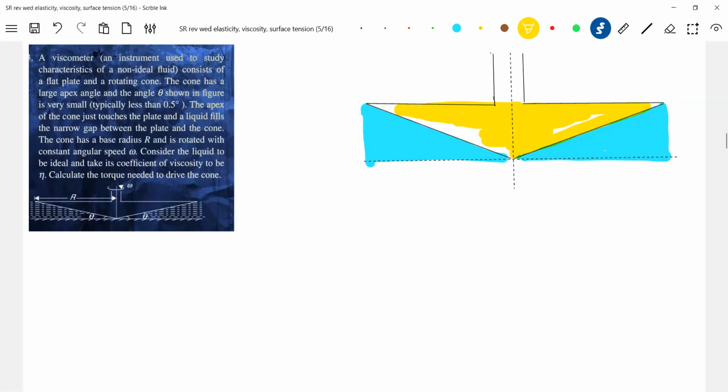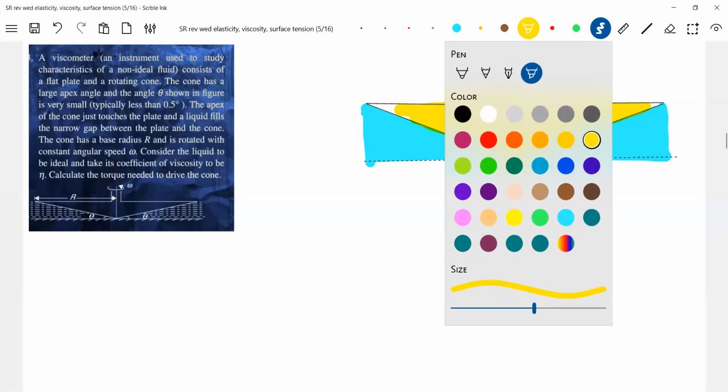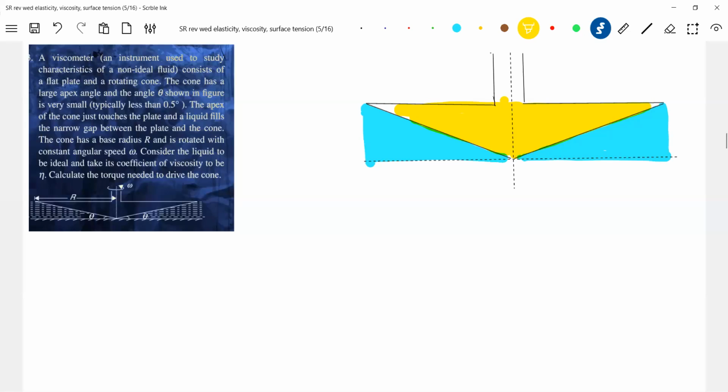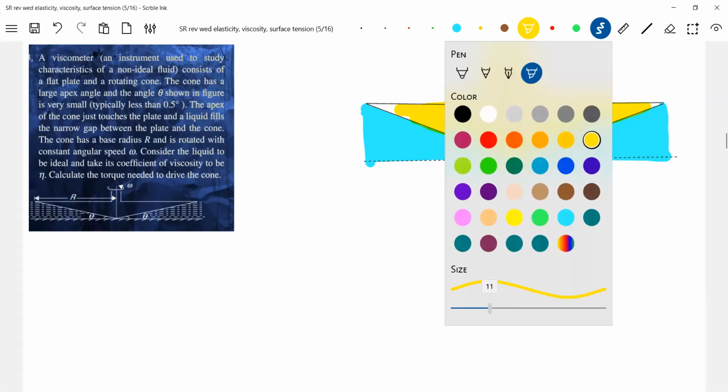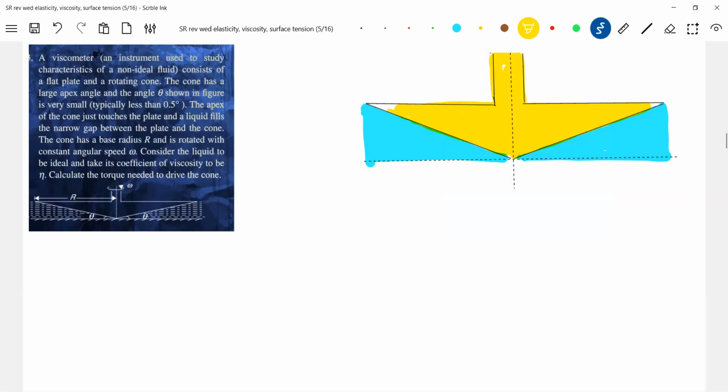The previous problem, what we had an idea about, similar conditions will come here. So can we write a formula directly for the total cone? No, not possible. So better go for a small element.